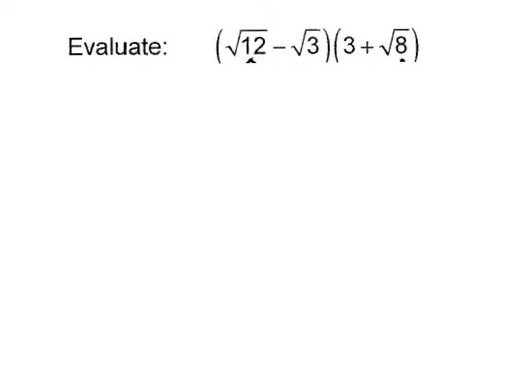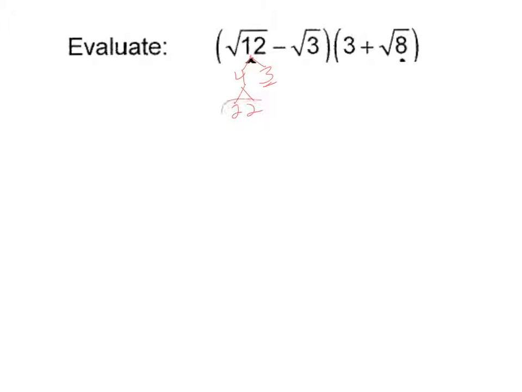Now, a little review with radicals. We would want to go ahead and break down our radicals. You could do it here at the beginning, or you could do it later, but I'm going to do it at the beginning just for what the next problem is going to be. So I can break down the 12 into 4 times 3, and the 4 is 2 times 2.